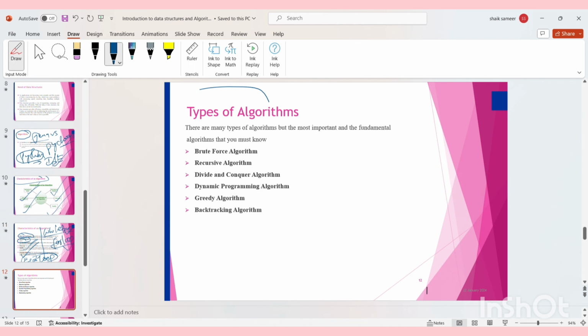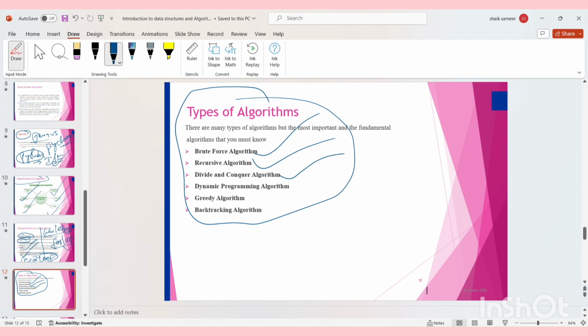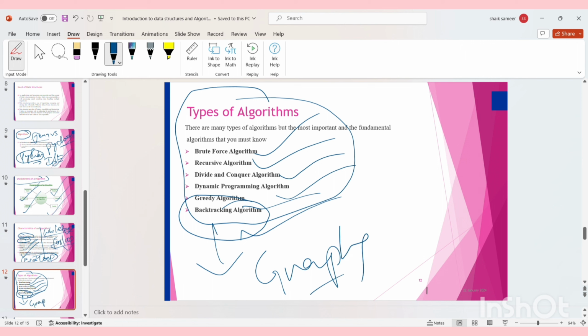Types of algorithms. We will see these six types of algorithms individually in the coming tutorials: brute force algorithms, recursive algorithms, divide and conquer algorithms, dynamic programming algorithms, greedy algorithms, and backtracking algorithms. Greedy and backtracking can be seen in graphs, the last unit.